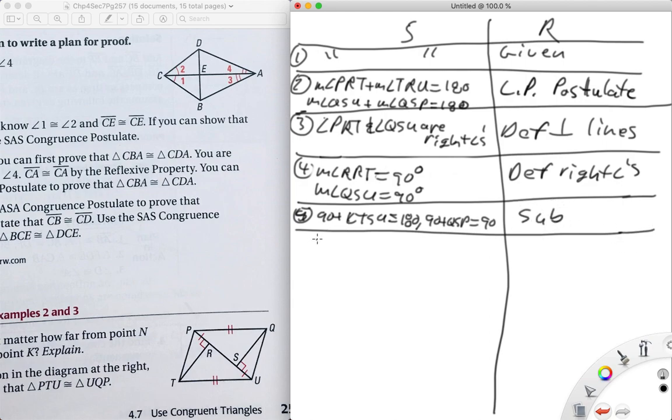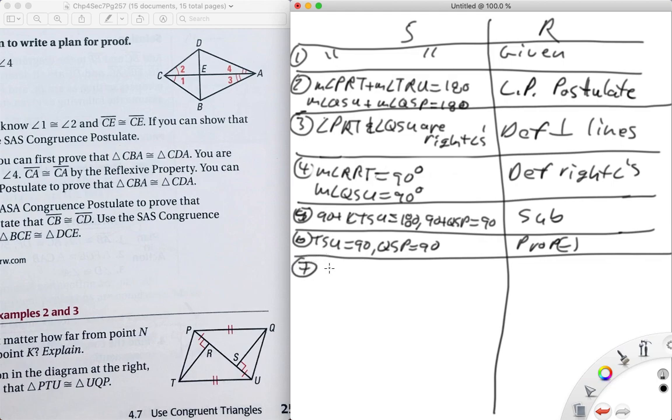Substitution. Then I can say that TSU equals 90 and QSP equals 90. Subtraction. Wow, this is going to be super long.